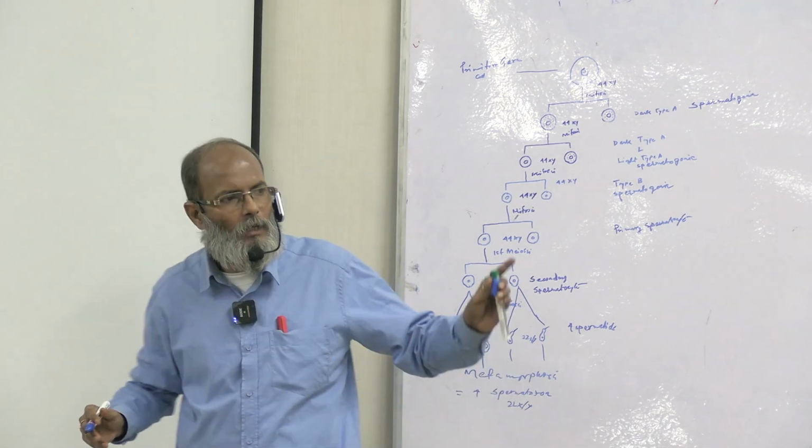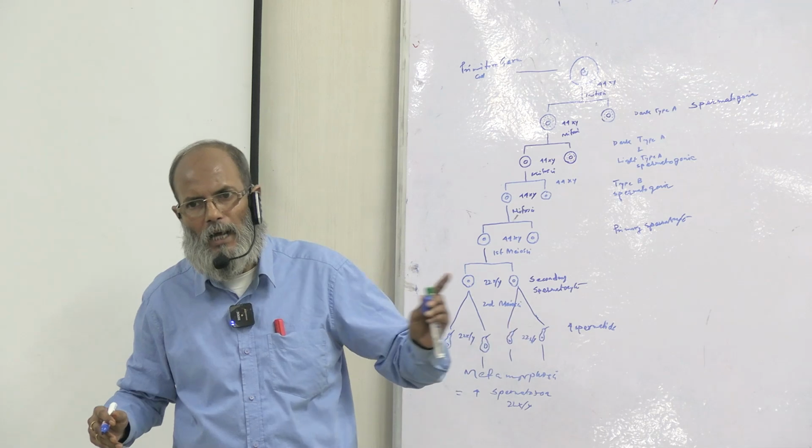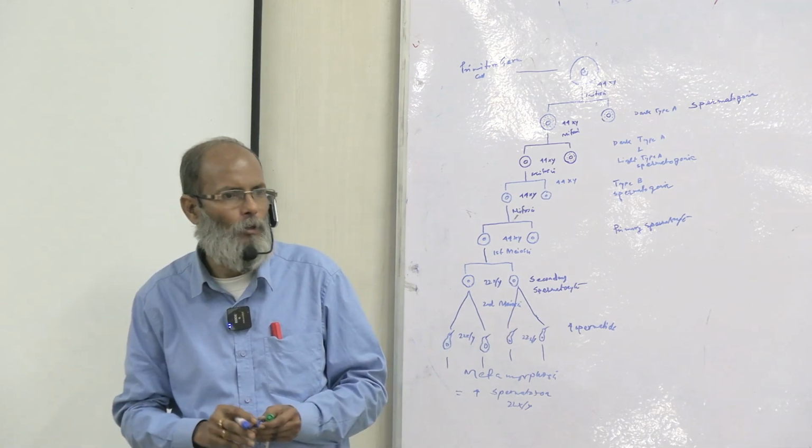From the dark type A, there is a pale type A spermatogonia and another dark type A spermatogonia.